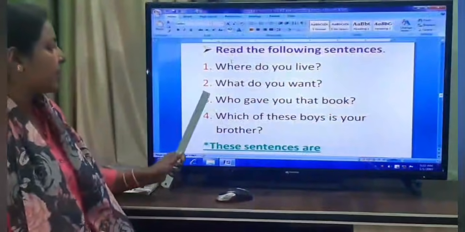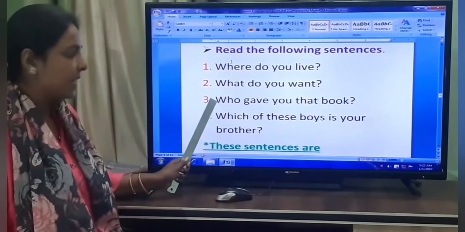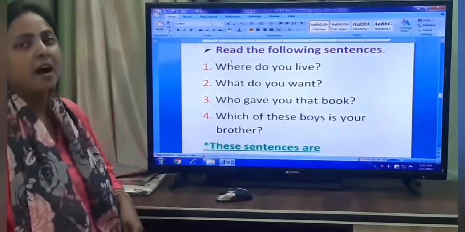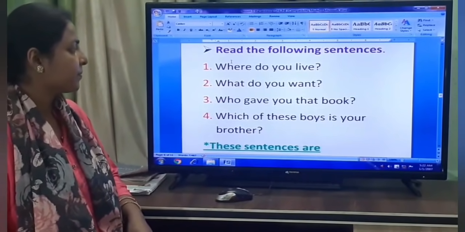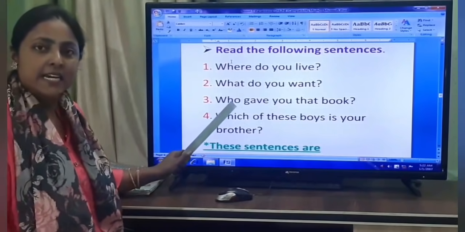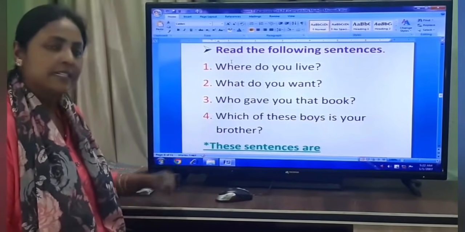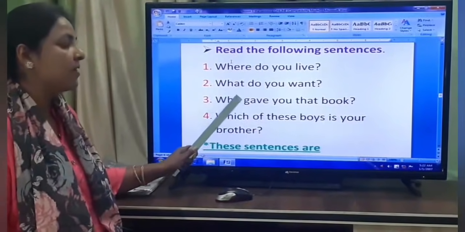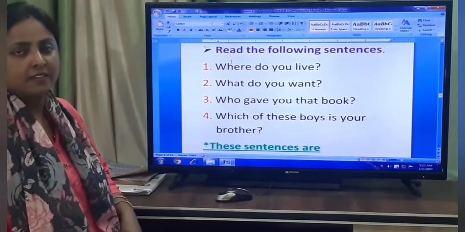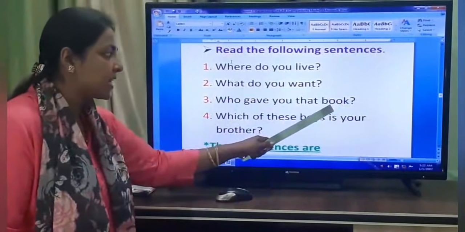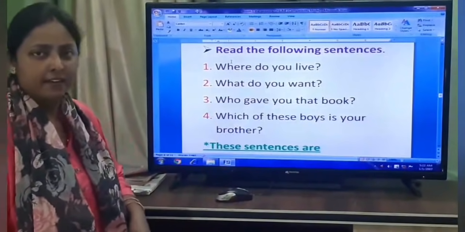It starts with the W with the capital letter and ends with the question mark. So which sentence is this? This is interrogative sentence, because at the end of the sentence, question mark is there.